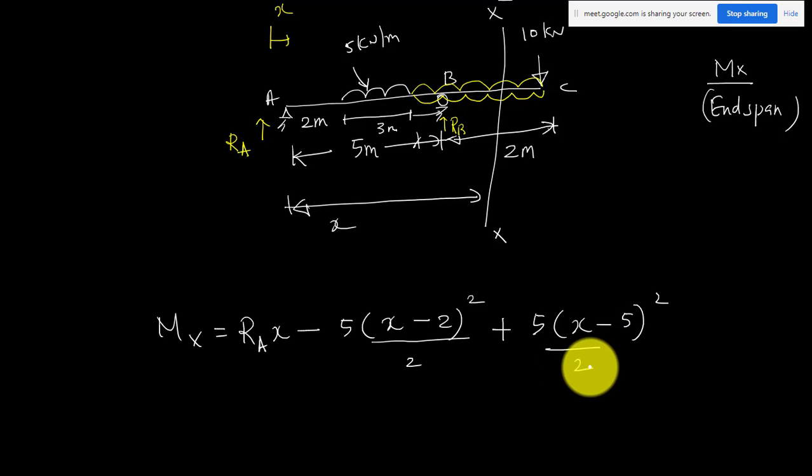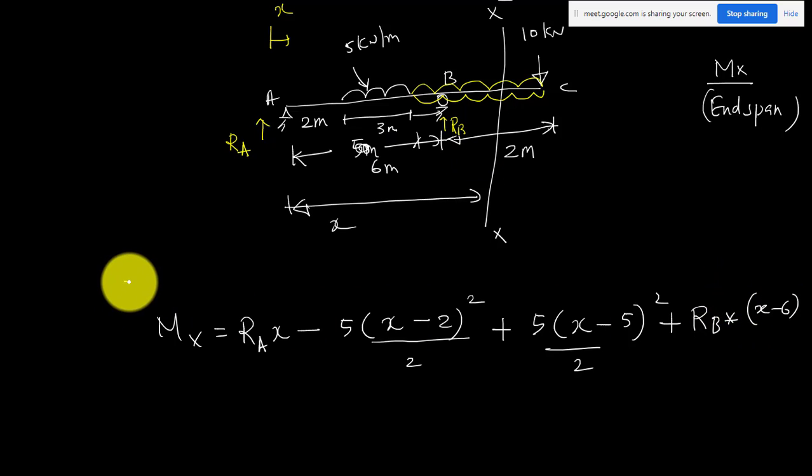I think you understood. And then RB: AB is 6 meter, 2 plus 3 plus this length is 1, so this RB moment will be RB into (x minus 6). So this will be your equation for the moment. Did you understand this equation?